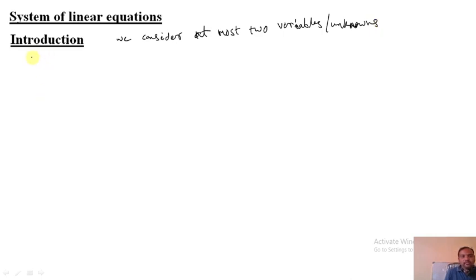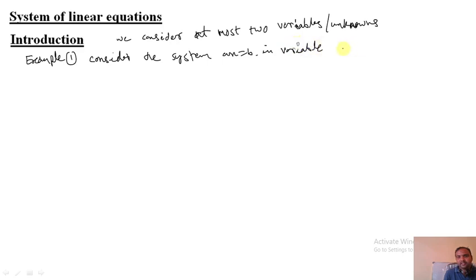Example one: suppose you consider the system in one variable, ax equal to b, in one variable x, where a, b are real numbers.